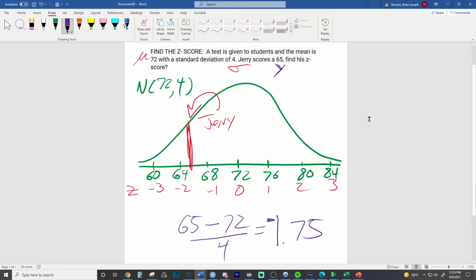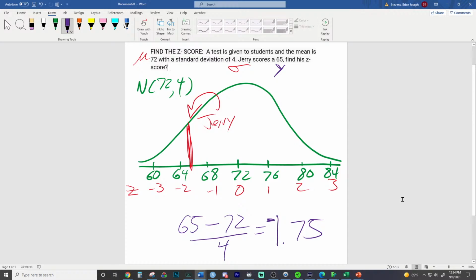Jerry is this, so explain to me what it means that Jerry has a z-score of negative 1.75. Think about why it's negative, because of this right here. And then we're going to do a few more questions on this to make sure we understand what a z-score is.